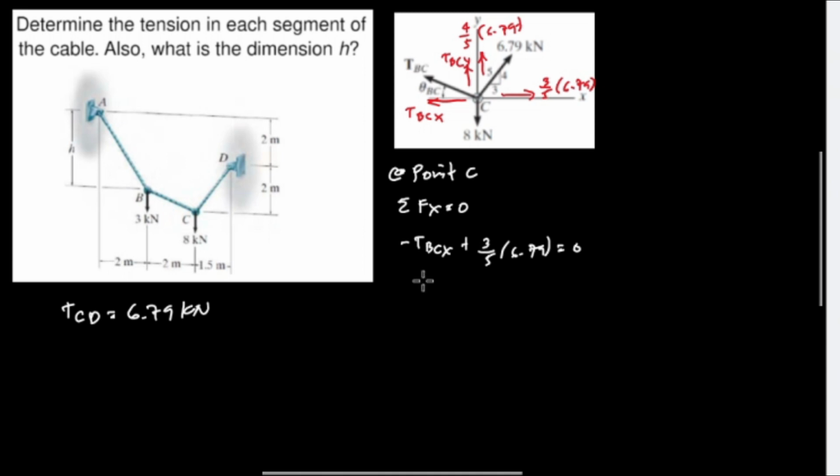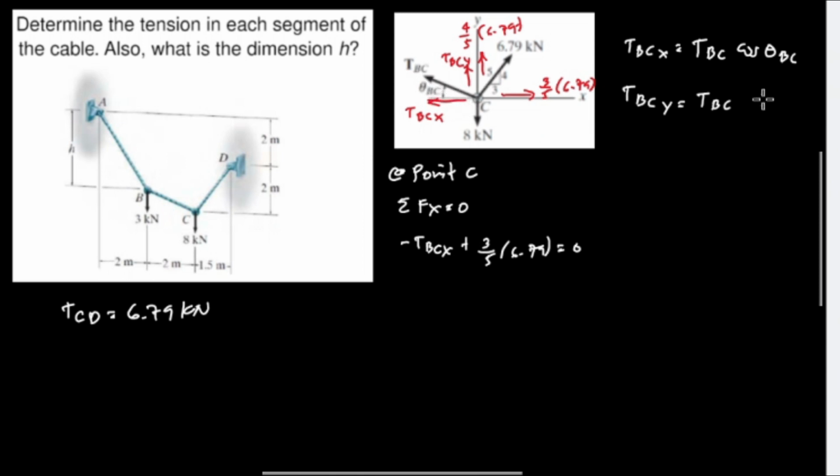And TBC of x is equal to TBC cosine theta BC. And TBCY is equal to TBC sine theta BC, that's opposite over hypotenuse.